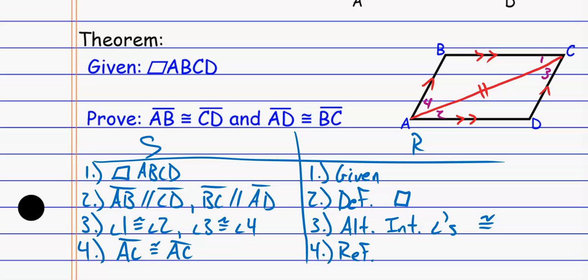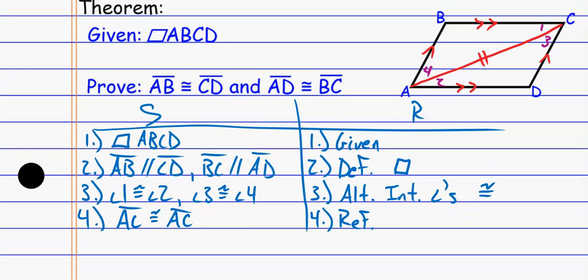And now from here, I can say that those two triangles are congruent. If I look at the two triangles that are given here, I've got triangle ABC, and I can say triangle ABC is congruent to triangle, let's see, CDA.